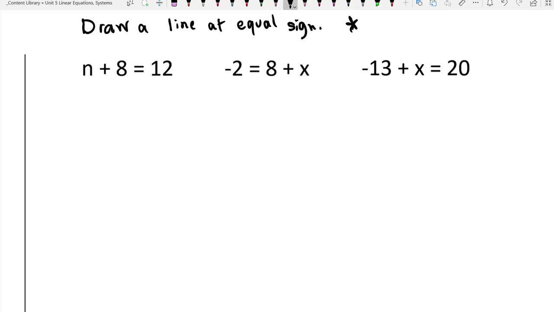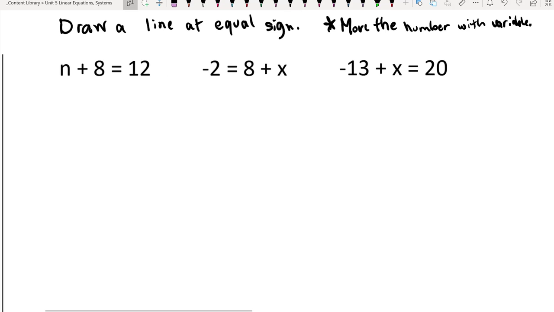And you're going to move the number that's with the variable, because we want to get that variable by itself, and if there's a number with it, we can't figure out what its value is. So move the number with the variable. All right, so focusing on that, I'm going to draw a line at the equal sign.